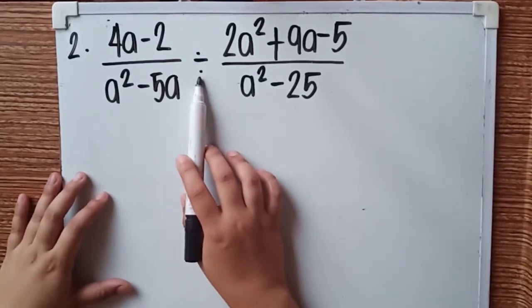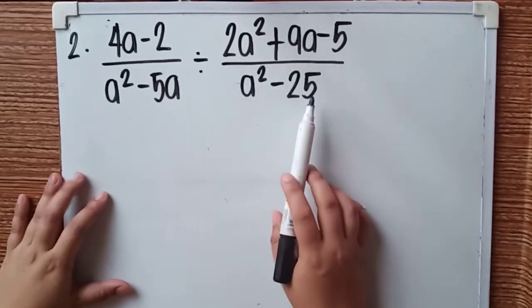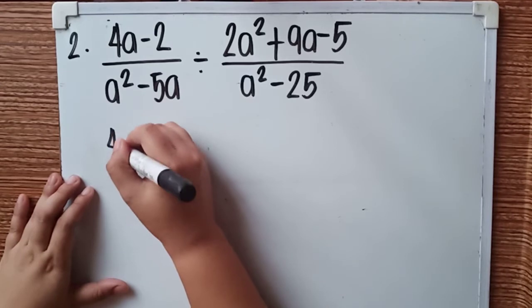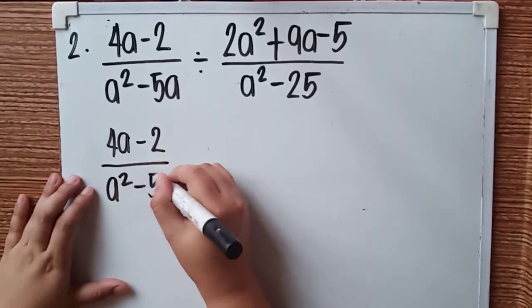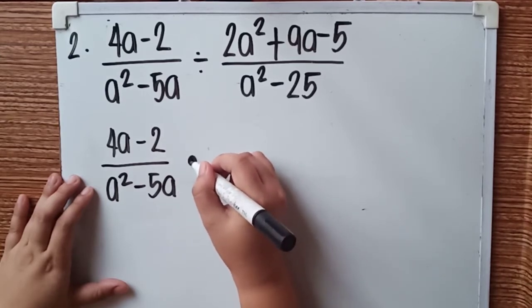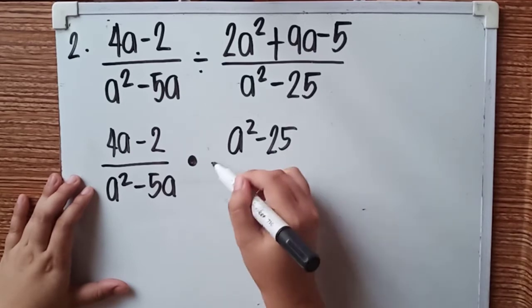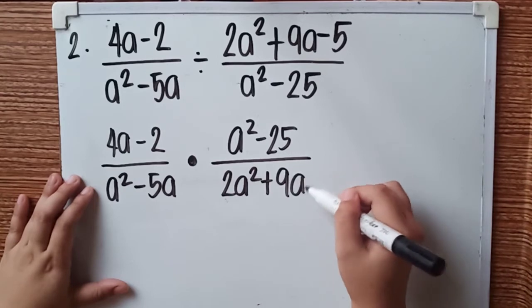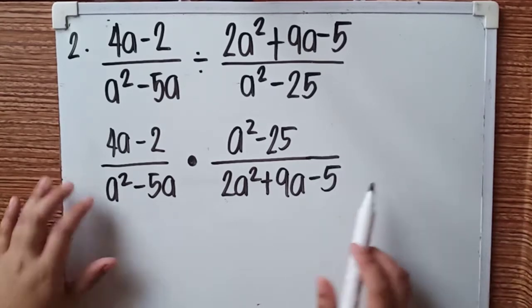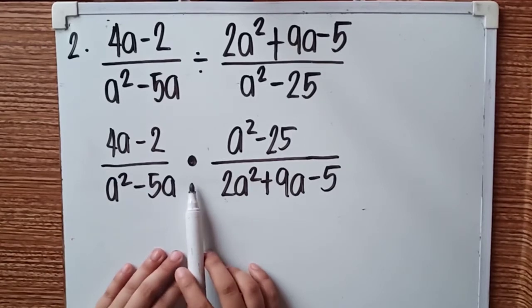Change the operation to multiplication and write the reciprocal of the divisor. 4a minus 2 over a squared minus 5a times a squared minus 25 over 2a squared plus 9a minus 5. Since the operation now is multiplication, do the process of multiplying rational algebraic expressions.